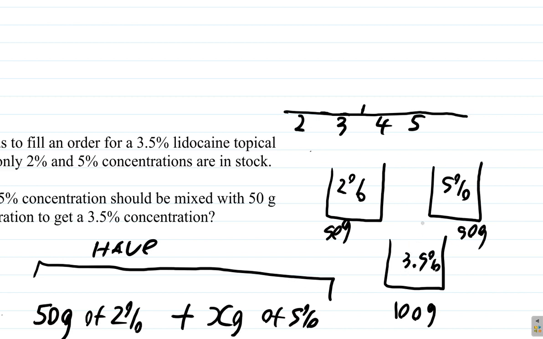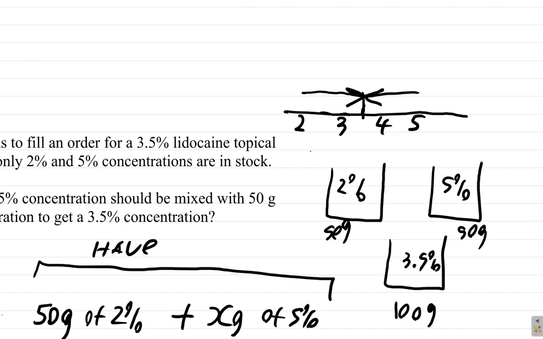Now notice, 3.5% is halfway between 2% and 5%. So it's half and half. So you mix the same amounts of 2% and 5% concentration, right? You see that?